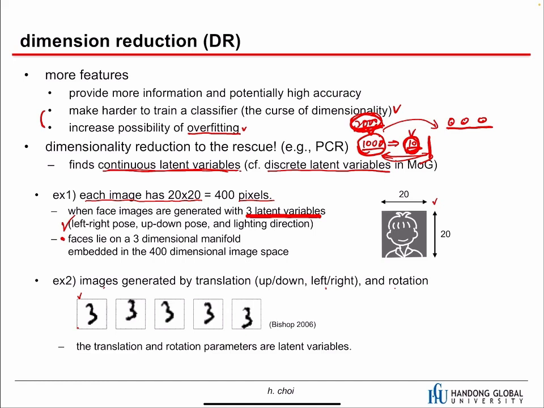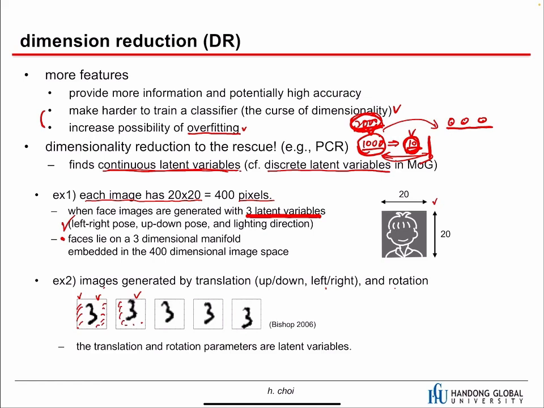But if you look at the face images pixel by pixel, then this image and this image are completely different. In this case, yes, backgrounds have the same pixels, but in general, lots of pixels will have different intensity. Okay, they change.